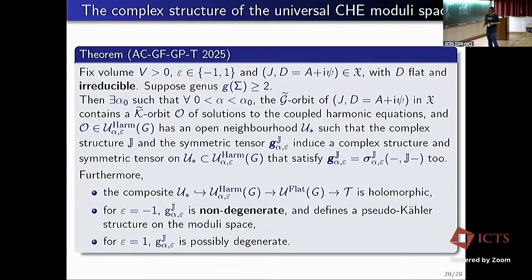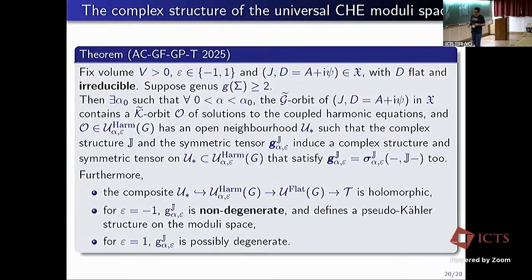As I said, there is this fibration. If I add more structure here, I could say more, but this composite is holomorphic. And we have the same properties of non-degeneracy and signature I said earlier for the induced symmetric tensor on the quotient, on U star, on this open neighborhood of our solution.